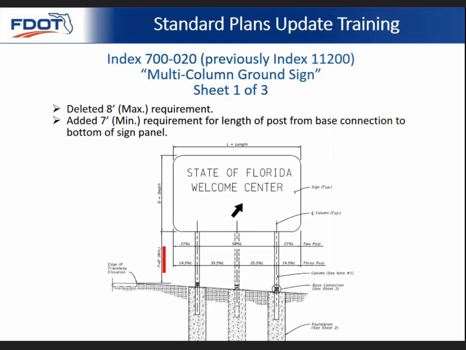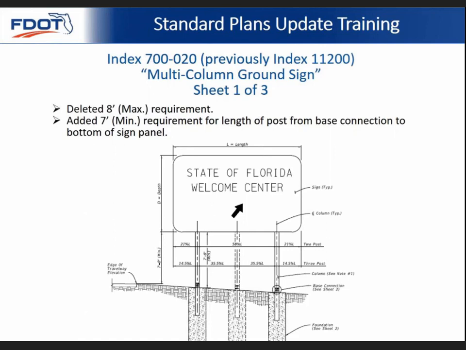And this is because there is now an additional 7-foot requirement for the length of the post from the base connection to the bottom of the sign panel. What has been occurring previously is that some of those posts were getting very short, especially on significant back slopes or fore slopes, and that was impacting the ability of the sign to actually break away.